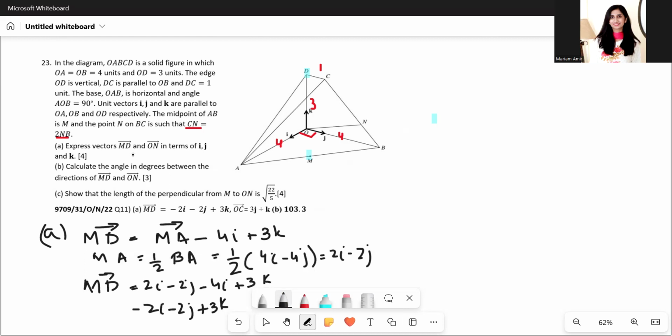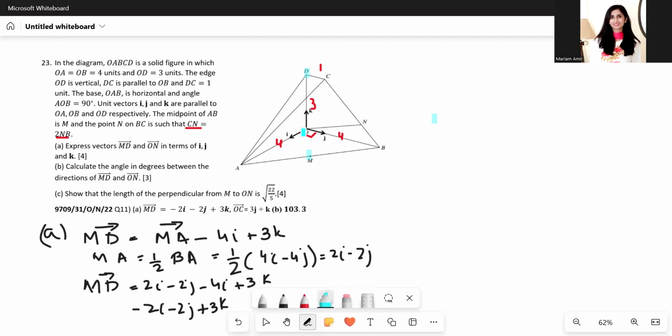All right. Next is ON. So to go from O to N, from here to here, we can go from O to B and then B to N. Let's do that. So for ON, we're going to go from O to B, which is j, and then from B to N. Now we will have to use the ratio given, which was CN equals 2 times NB.